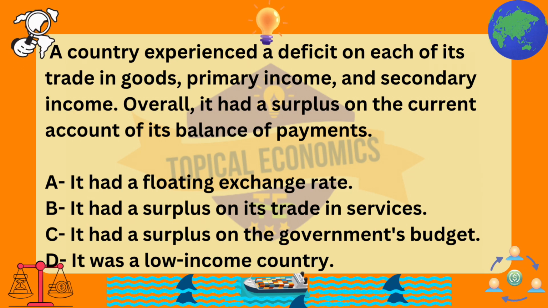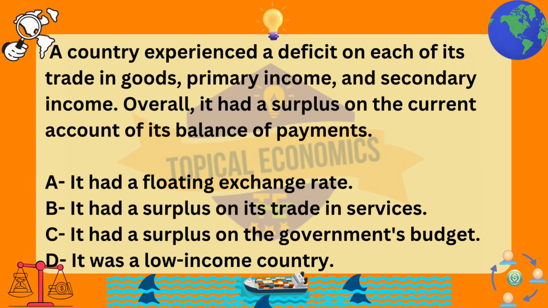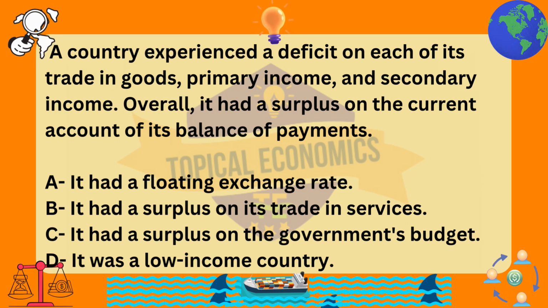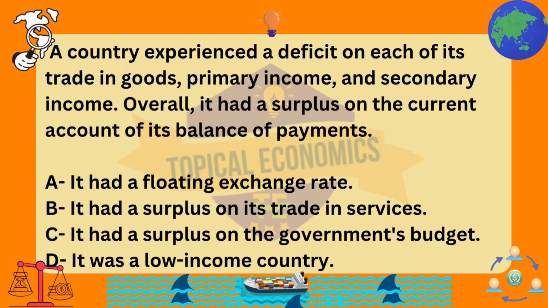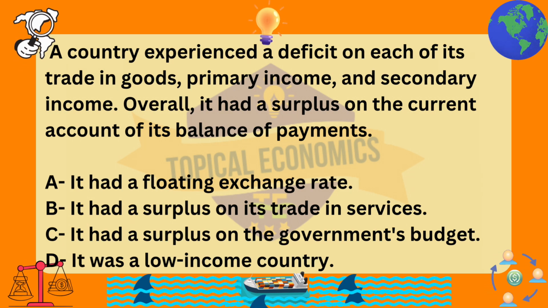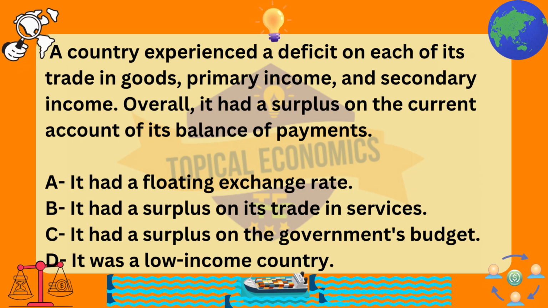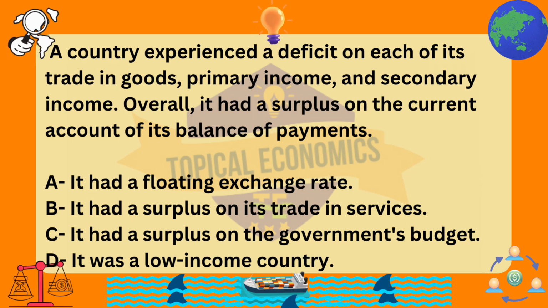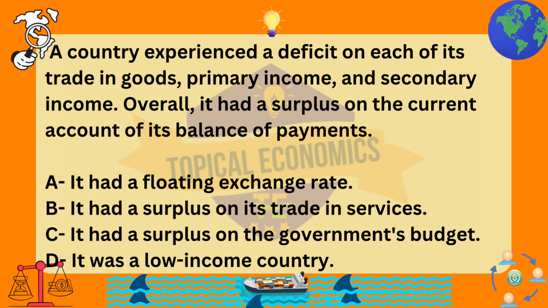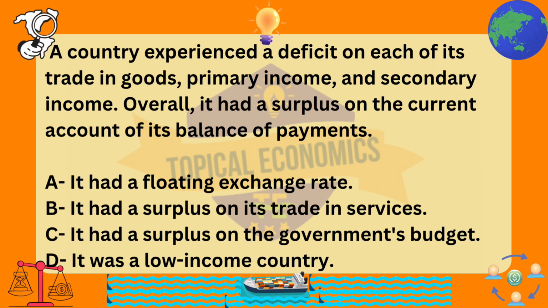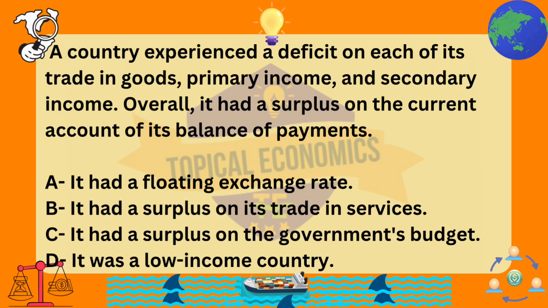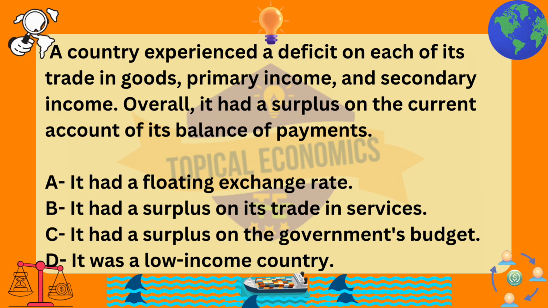The other options are not relevant to this situation. A floating exchange rate, option A, does not directly explain a current account surplus or deficit, as exchange rates influence the cost of exports and imports but are not directly tied to the balance of services, goods, or income. A government surplus, option C, relates to fiscal policy and the government's budget, not the current account balance, which is influenced by trade and income flows.